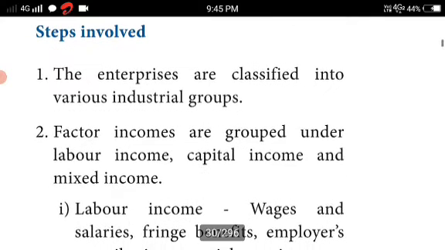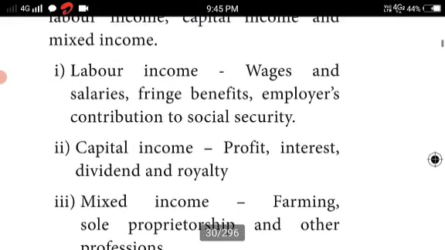What are the steps involved here? The enterprises are classified into various industrial groups. First, they have to classify their groups. The factor incomes are grouped under labor income, capital income and mixed income. What is labor income?